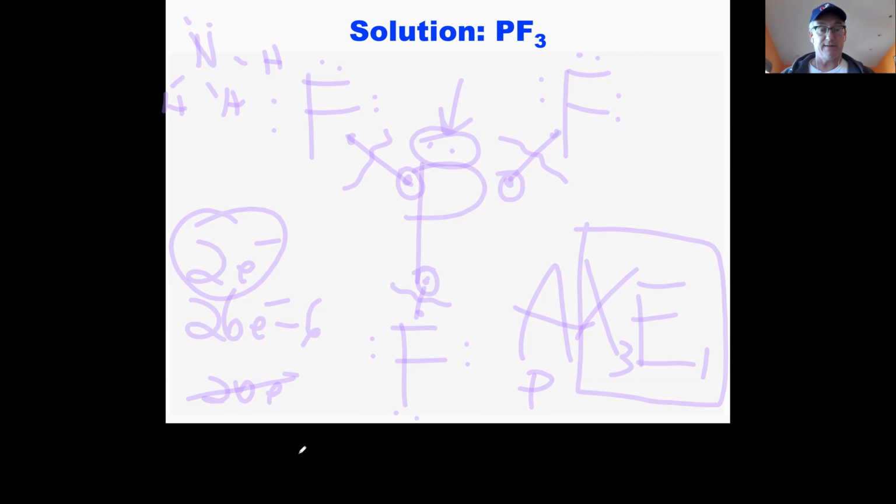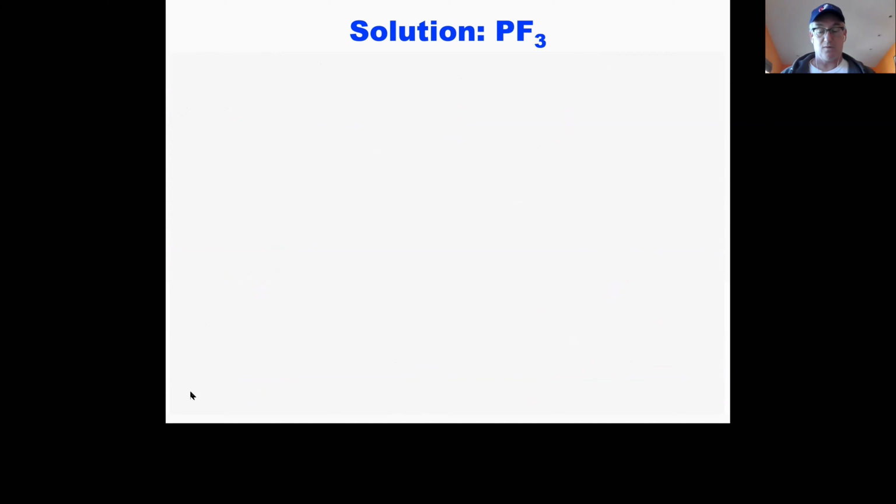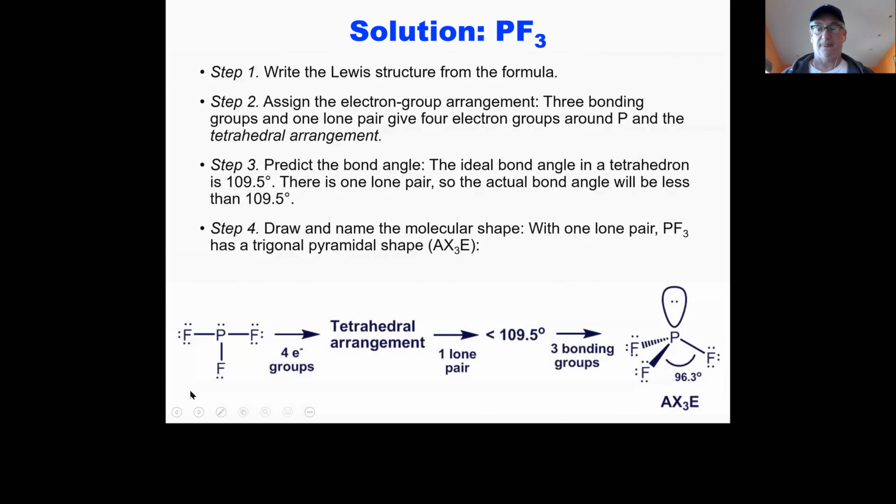So let's have a look and see how we did. Oh, we forgot to do the bond angles. It's a tetrahedral arrangement, but the shape of it isn't. The shape is going to be trigonal pyramidal.